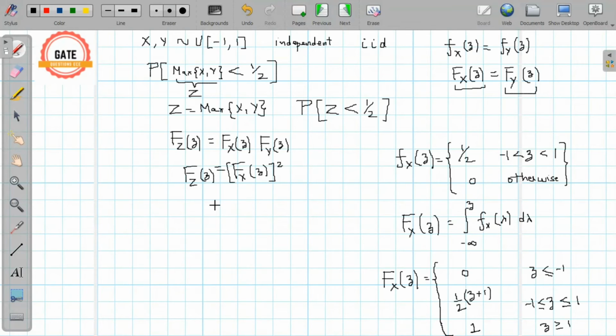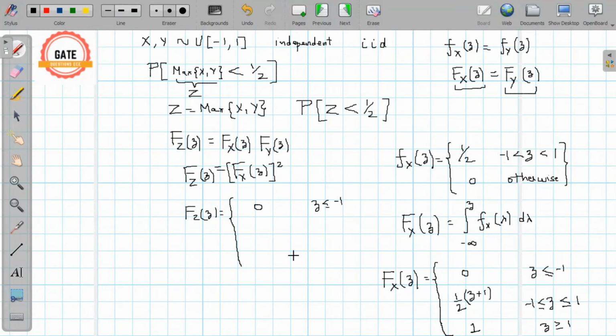So putting it here, we will get Fz of z will be equal to, we will have to square all these. So 0 squared will be 0 for z less than or equal to minus 1.